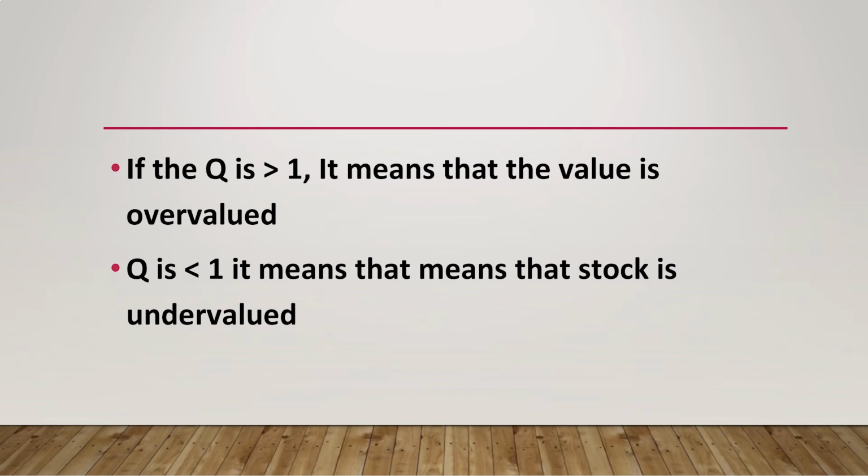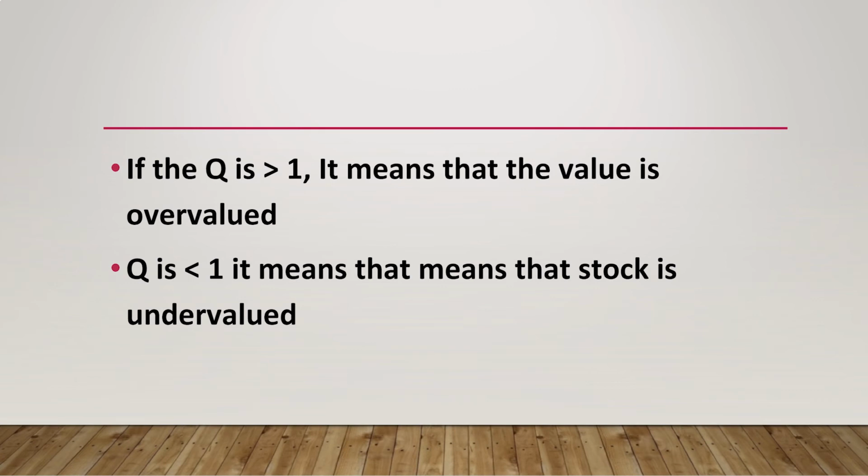If the Q is less than 1, it means that the stock is undervalued. So in this theory, Tobin's Q can somewhat help investors in making decisions on whether to invest in a certain stock in the stock market, especially when going in for the long term.